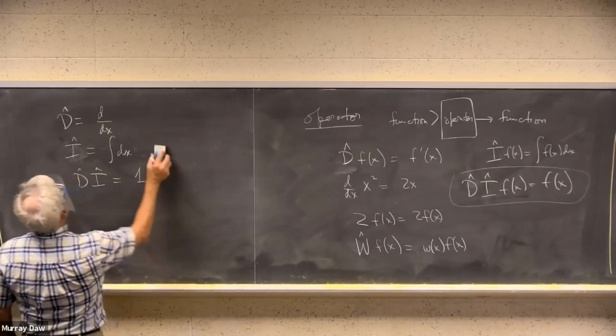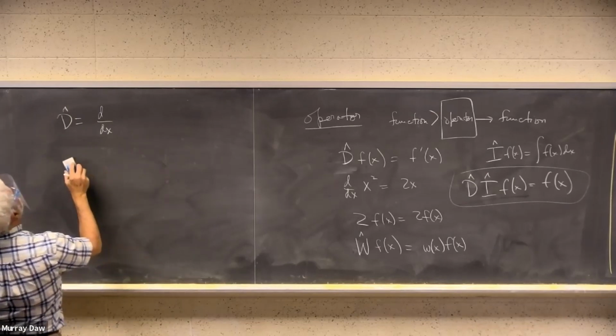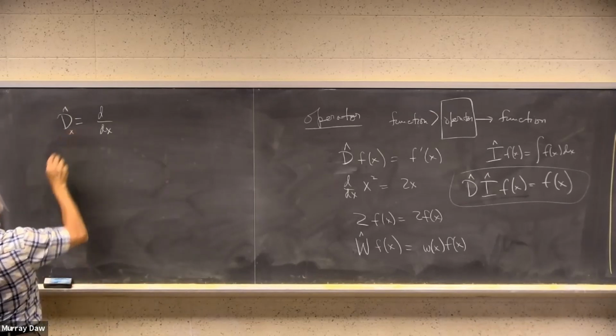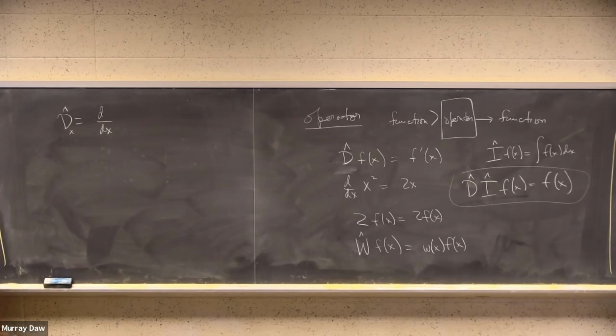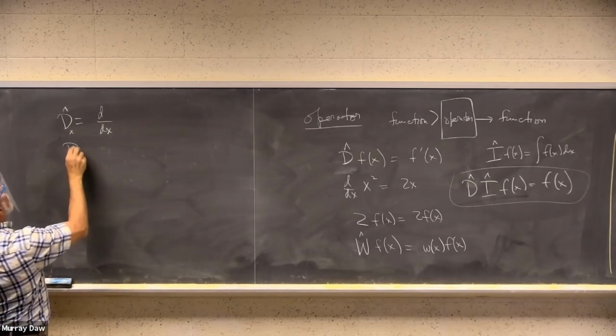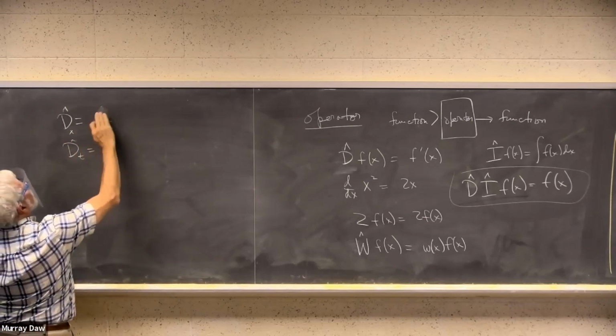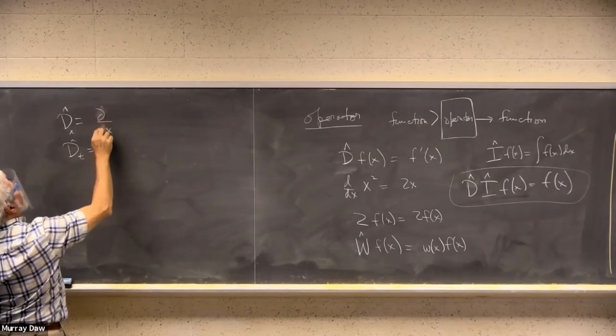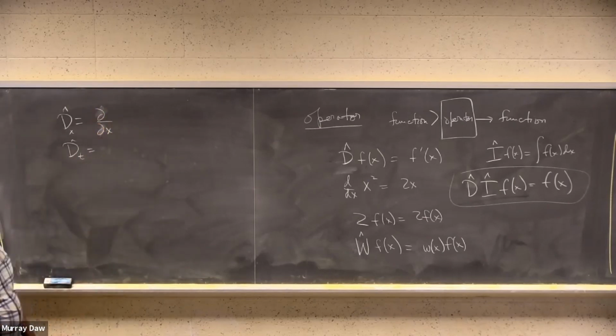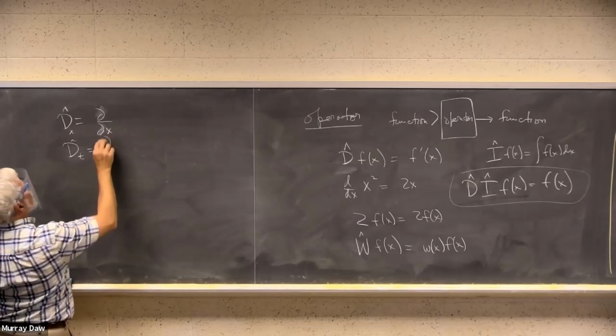All right, so let's look at the wave equation. Let's see, I could have this operator, I'm going to use a subscript x. This operator, I'm going to use a subscript. I'm going to make these partial derivatives because they're going to be acting on functions of 2 variables, x and t.